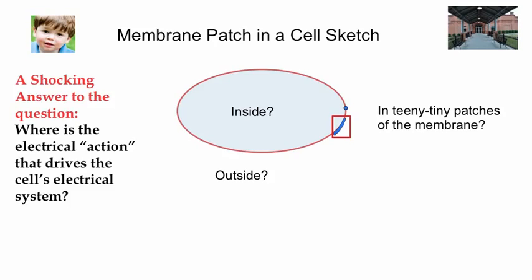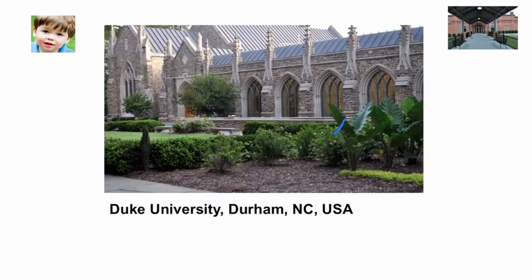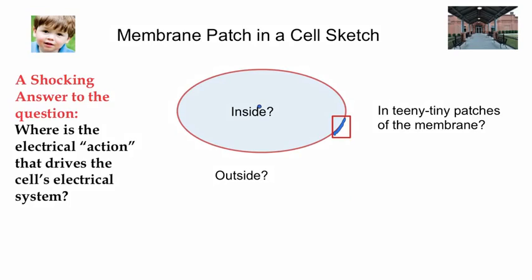And you could say, well, it's like a train engine. It's inside, but it's not inside. You could say, well, maybe it's outside. Well, it's not outside. The fact is, the energy that drives the train is in the patch. It's right in there. It's in the membrane itself.